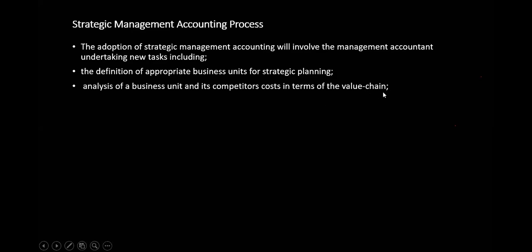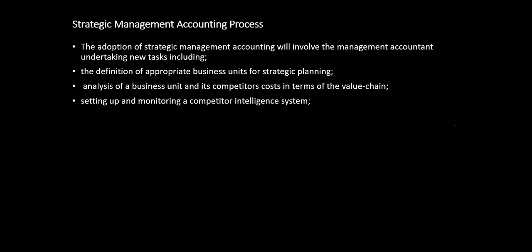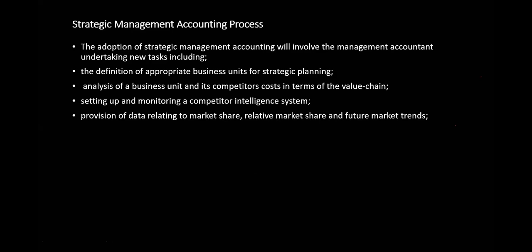We'll discuss the value chain later on, not only your business value chain, but you have to think about the value chain from the competitors' perspective as well. Then setting up and monitoring a competitor intelligence system. The meaning of intelligence is collecting crucial, sensitive information about a competitor.